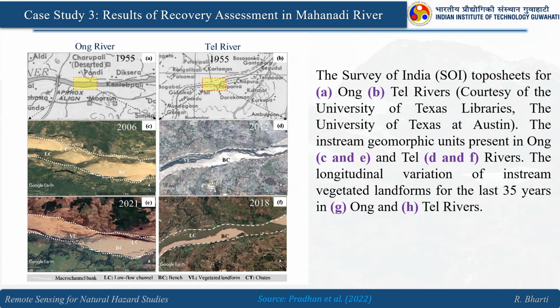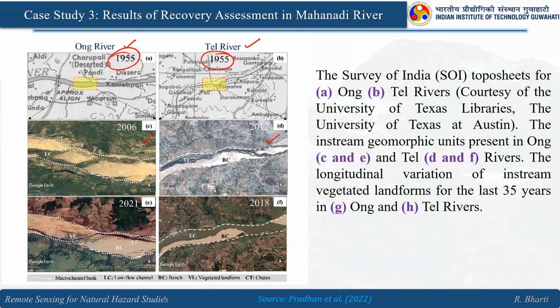So, here you can see that we have started our work with the Survey of India toposheet. So, this is from 1955, and then we had satellite images from GEE and direct access from the different space agencies. We downloaded the freely available data sets and then we processed them, and those are used here.